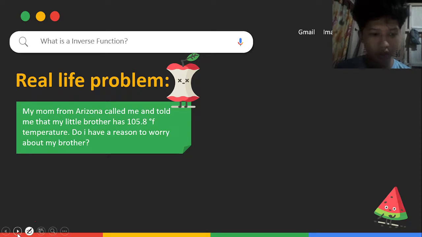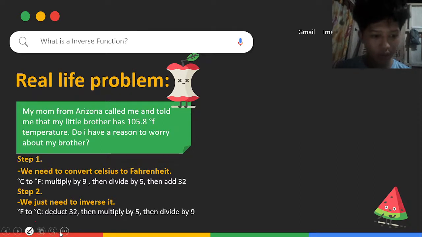Okay, we have the steps on how to solve it. Step 1, we need to convert Celsius to Fahrenheit. So we have our variable c. We multiply it by 9, then divide by 5, then add 32.